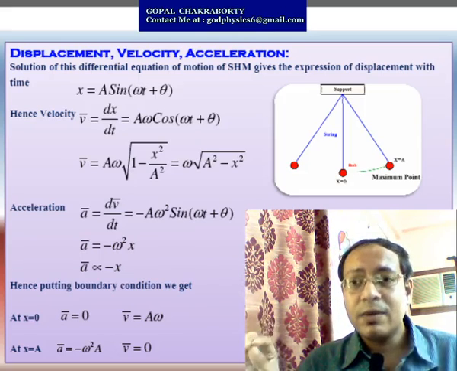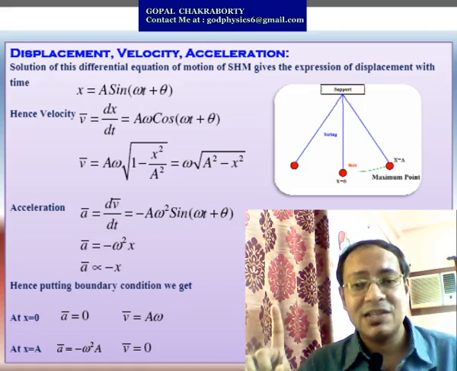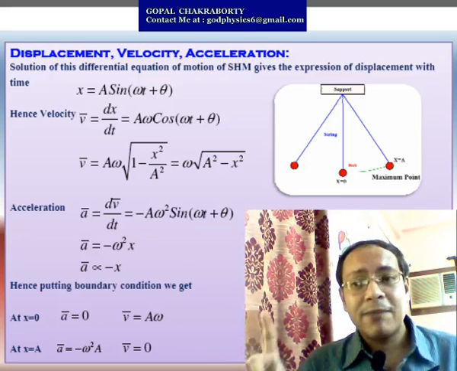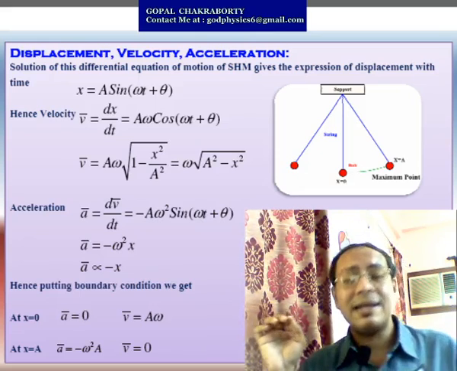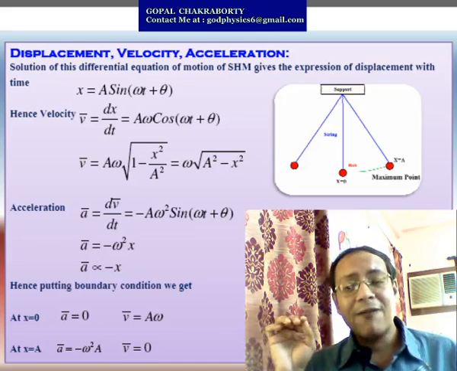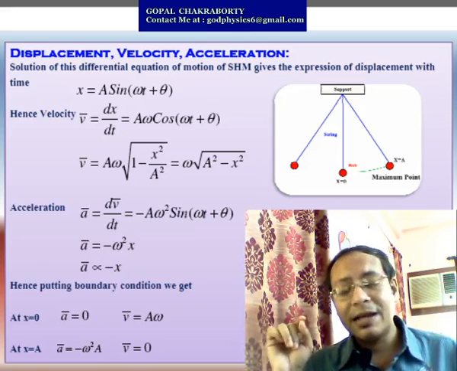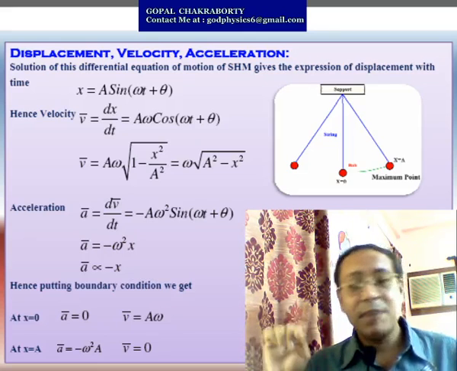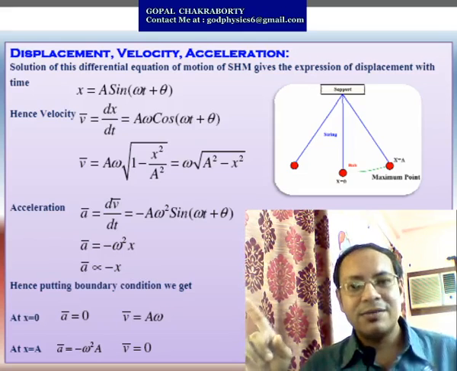So we can say at the mean position of rest the particle achieves maximum kinetic energy, because the velocity will be maximum at that point. As we know, the kinetic energy expression is half mv square. So as v is maximum, you will get the maximum kinetic energy at the mean position of rest, and minimum kinetic energy, 0, at the far end position.